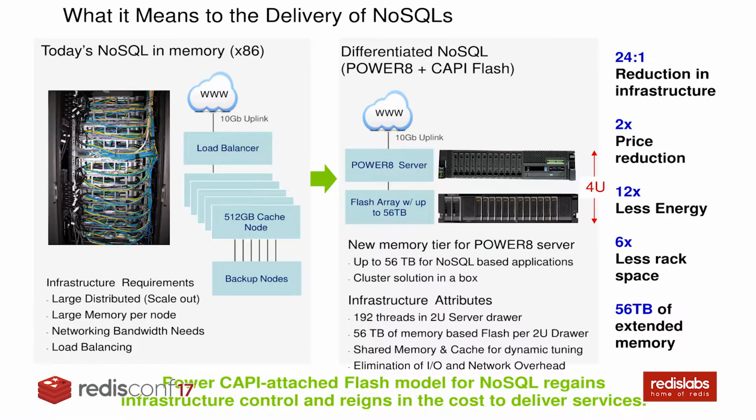In addition to just the performance itself, I'll show you some reduction in hardware costs, but also reduction in software costs. And then once things are on flash and with larger memory, the big thing is fewer problems with your database. And that can be a big thing. Today in NoSQL on x86, you have a lot of problems with scale-out systems, typically with relatively smaller amounts of RAM.